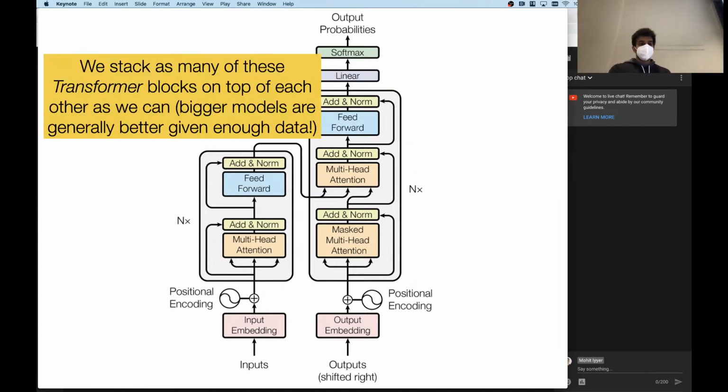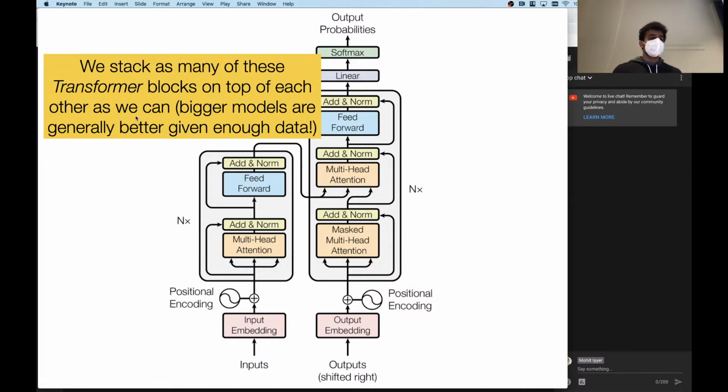Okay, and we stack these transformer blocks on top of each other. We will talk about these scaling laws of language models later on in the semester, because I think a number of you had questions about why would you want to make your model bigger. It is really an empirical question that people have researched for the last couple of years, and we will discuss some more interesting insights from that.